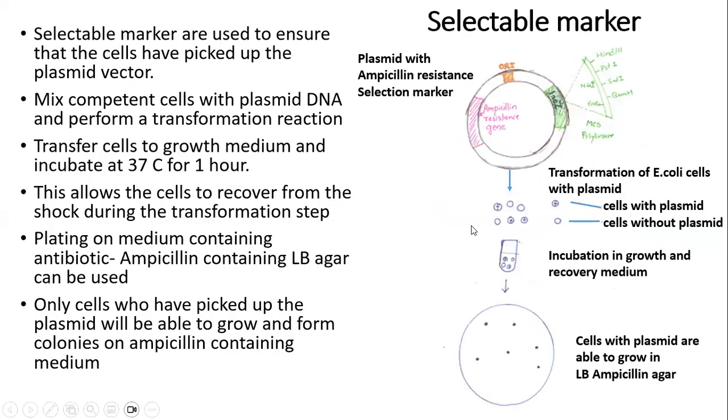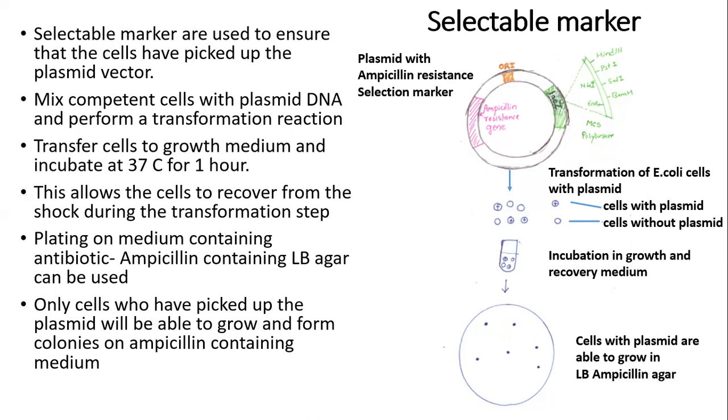Then the next property is the selectable marker. So selectable markers are those markers that are used to ensure that the plasmid vector has been picked up by the cell. So in this case, we have the ampicillin resistance gene, which is the selectable marker that will ensure that the plasmid vector is picked up by the cells.